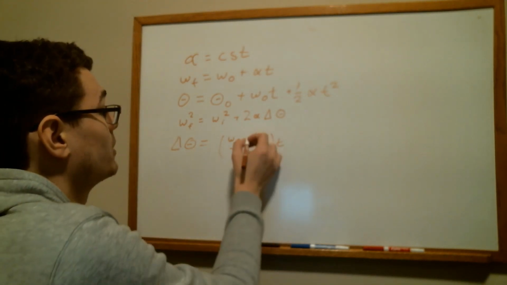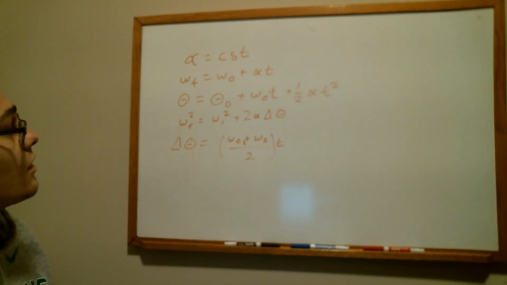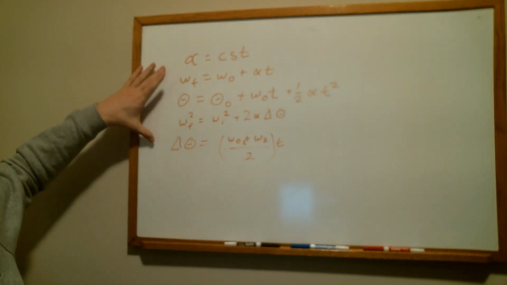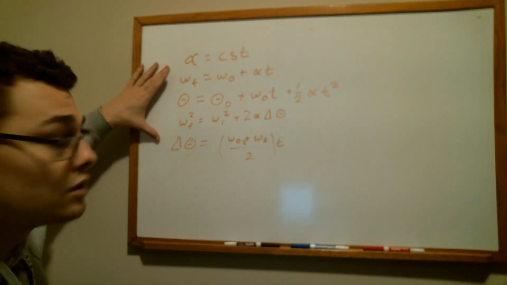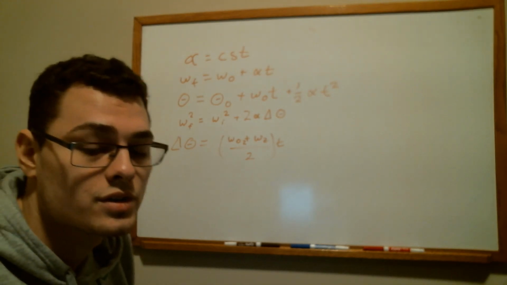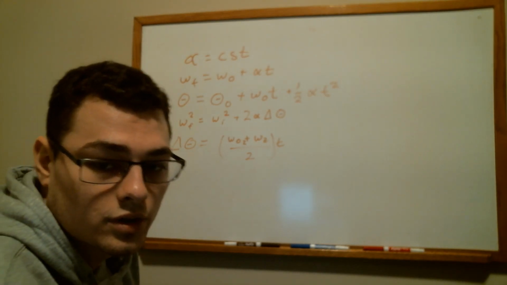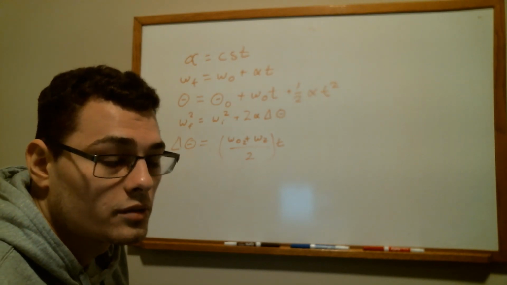Oh, this is supposed to be positive. Yes, this is supposed to be our average of our two. And so just remember that we use these 5 equations to solve our problems in a way that is similar to how we solved one-dimensional kinematic problems in the beginning of the class.